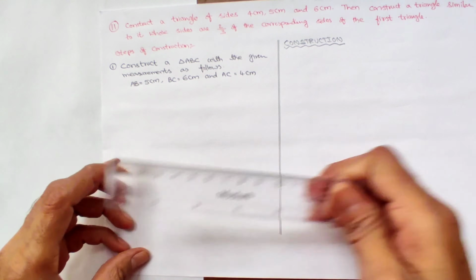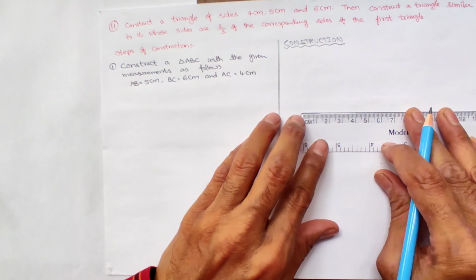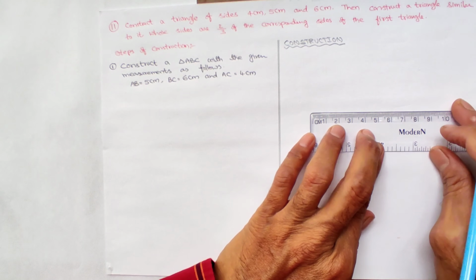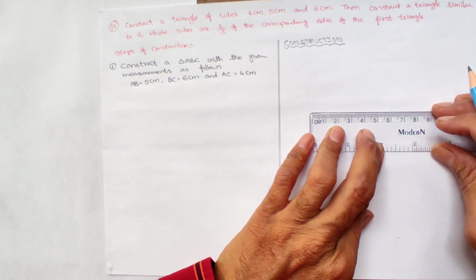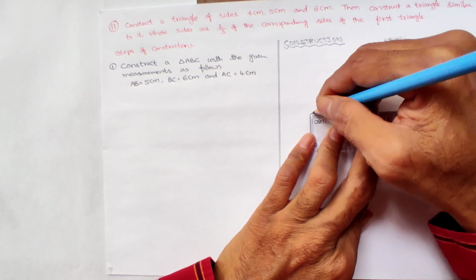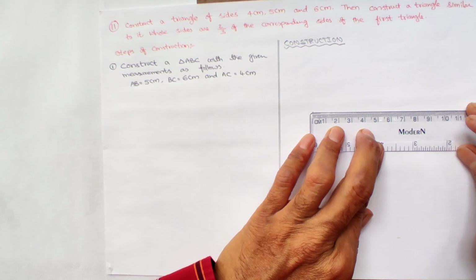First I am going to draw the base of the triangle, that I am taking as BC. BC is 6 centimeter. See, it indicates 0 to 6.